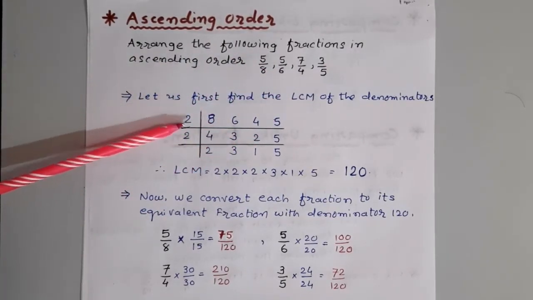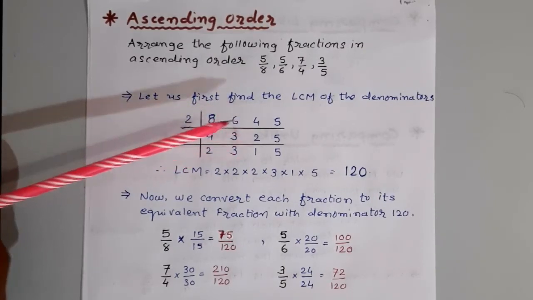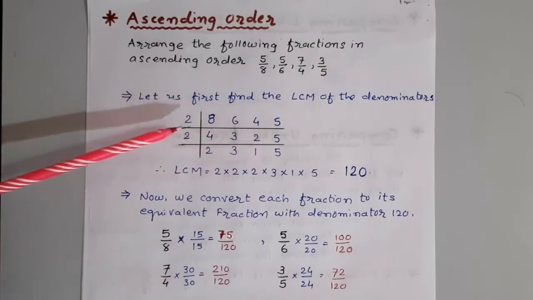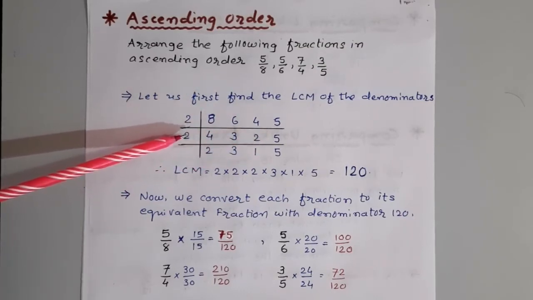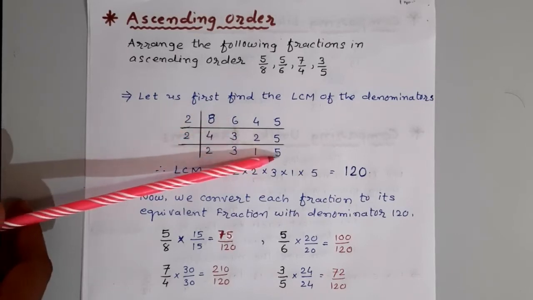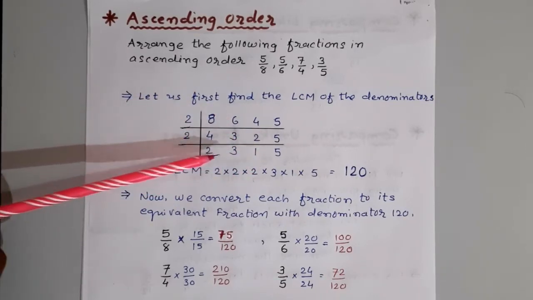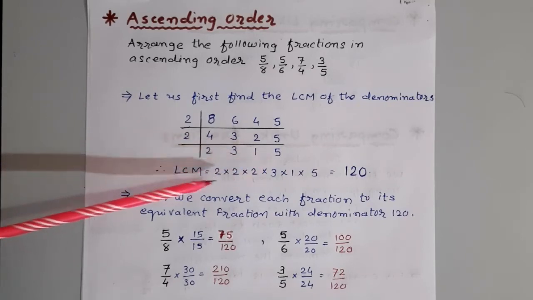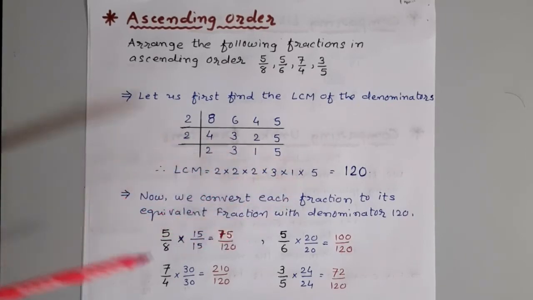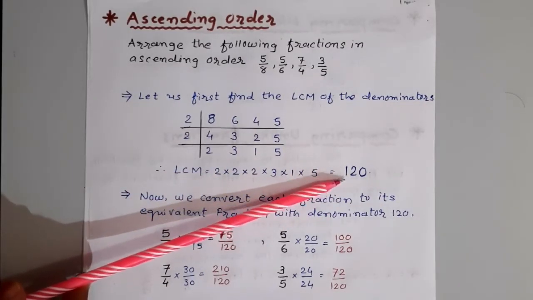So 2 4s are 8, 2 3s are 6, 2 2s are 4 and 5 as it is. Again 2 2s are 4, 3 as it is, 2 1s are 2 and 5 as it is. So the LCM will be 2 into 2 into 2 into 3 into 1 into 5, and if we multiply all the digits, then the LCM will be 120.